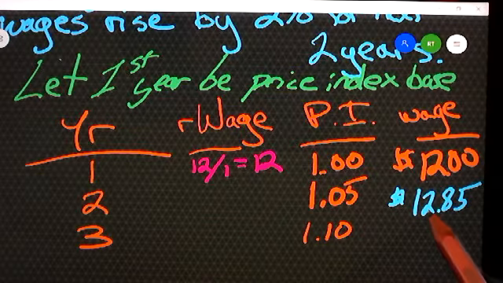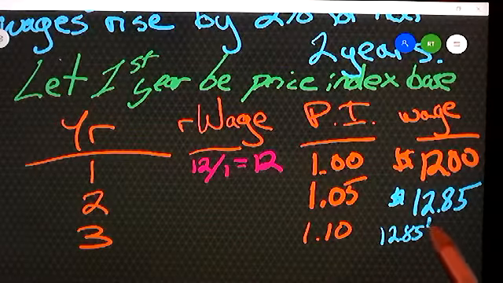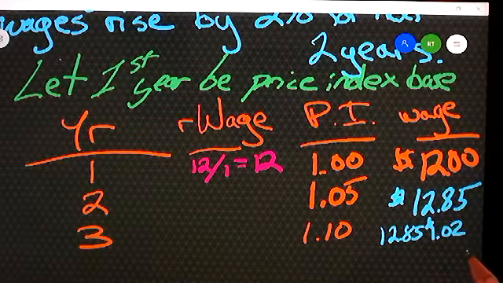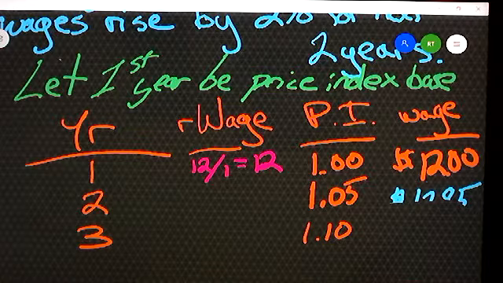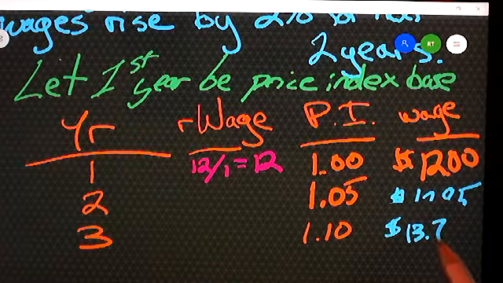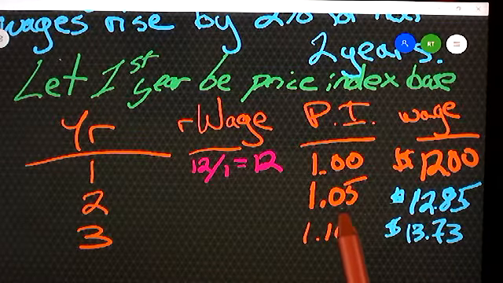And then we do a similar thing: 12.85 times 1.02, and that's going to give us 13.73. And so we're going to take these nominal values and divide them by the price index to get that real wage.